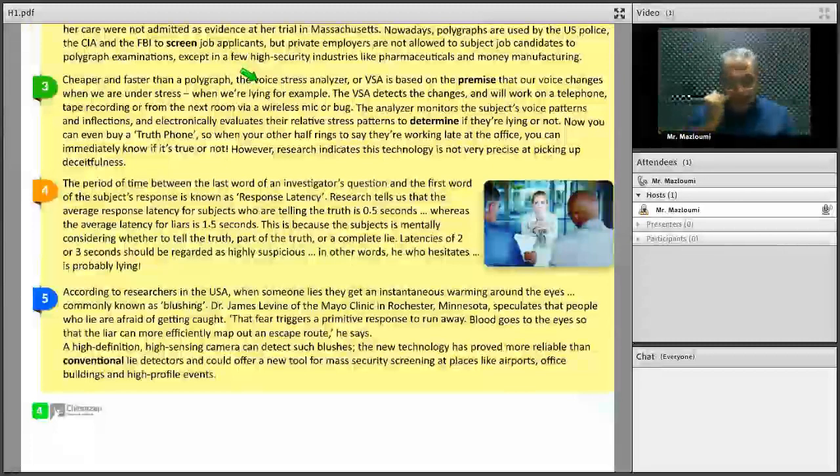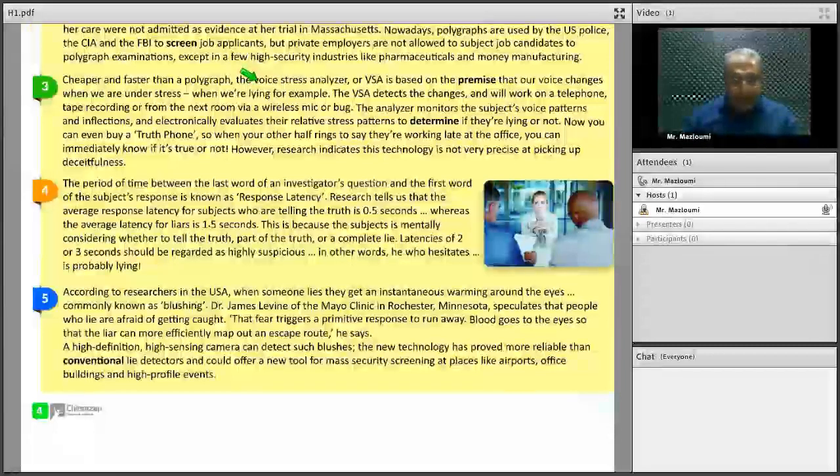So when we are lying, we are under stress, of course, and this machine can find out the changes and will work on a telephone. We can just install it on a telephone, tape recording, or from the next room via a wireless mic or box. So we can install it in other rooms using a wireless microphone or box.